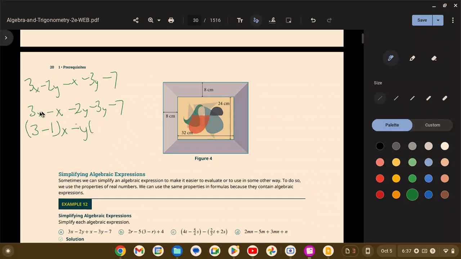I can either distribute or pull it out the other way, it doesn't matter. So the y, I'll pull it out. So minus y times (2 plus 3), minus 7. So that's 2x minus 5y minus 7.